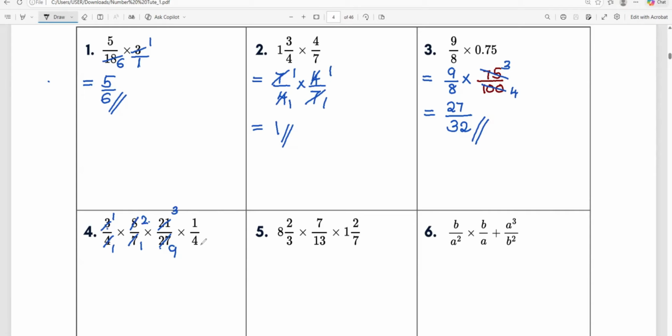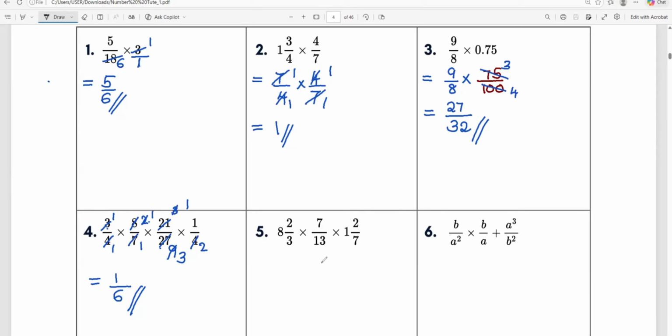Again this 2 and 4. 2 times 1. 2 times 2. 3 and 9. 3 times 1. 3 times 3. That's all. Then multiply. 1 times 1 times 1 times 1. 1. Denominator 3 times 2, 6. 1 over 6 is the answer. If not, multiply everything and make it simple, by dividing by common numbers, write the simplest form of the fraction.